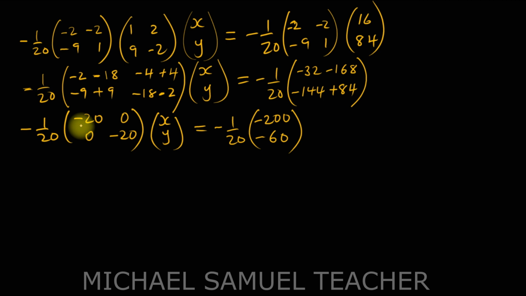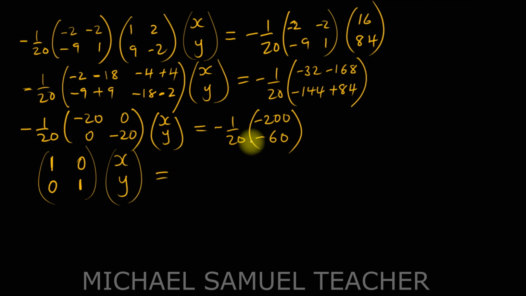Next step, open the bracket and multiply by the scalar, minus 1 over 20 times minus 20. Multiplying each element, we end up getting 1, 0, 0, 1, multiplied by x, y, equal to, again the same, minus 1 over 20 times minus 200, that is 10, and minus 1 over 20 times minus 60, that is 3.